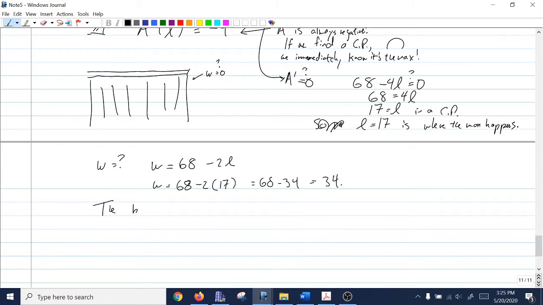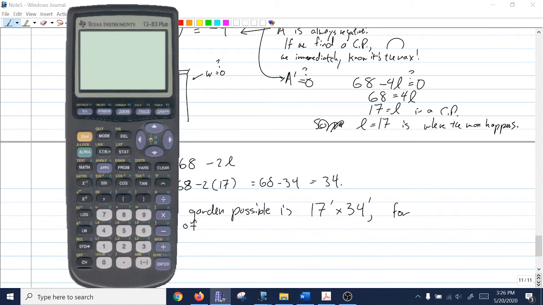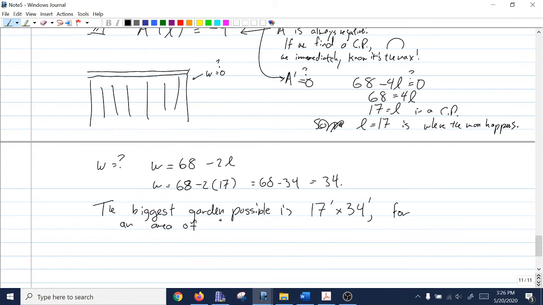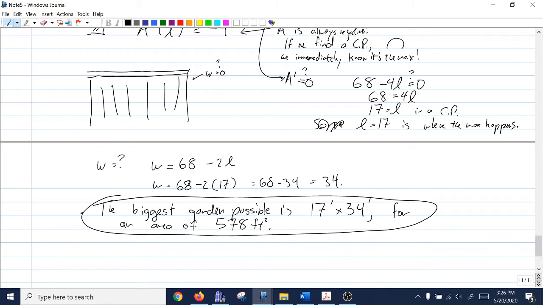So we can say the biggest area, the biggest garden possible is 17 feet by 34 feet for an area of, I can multiply those and find the area, let me use a calculator. What is 17 times 34? It is 578 square feet. That's the biggest we can get this garden to be.